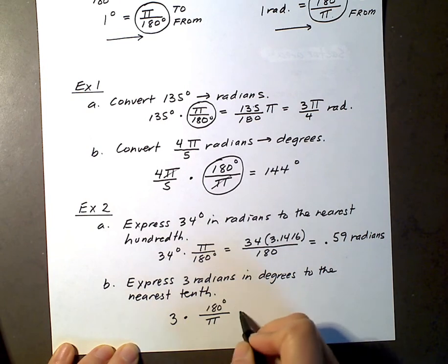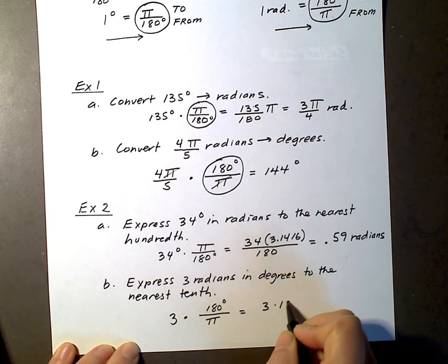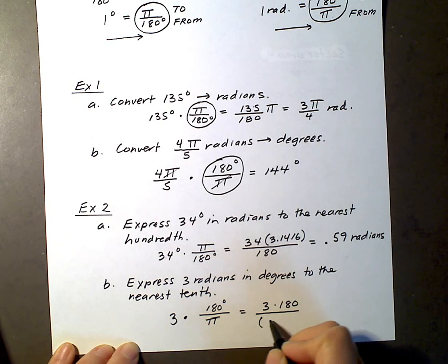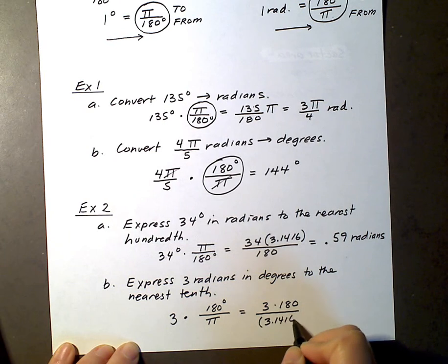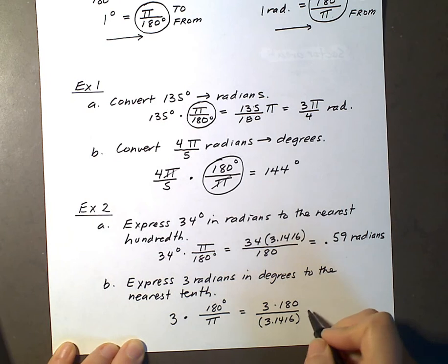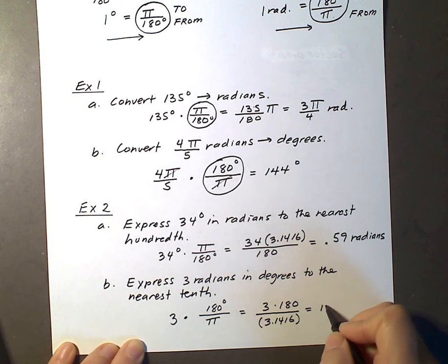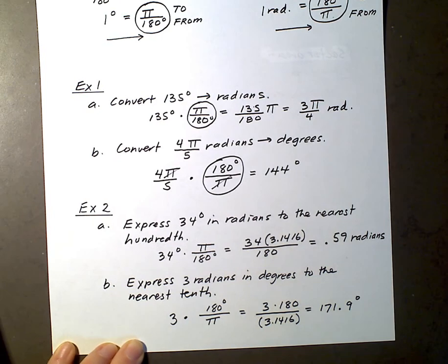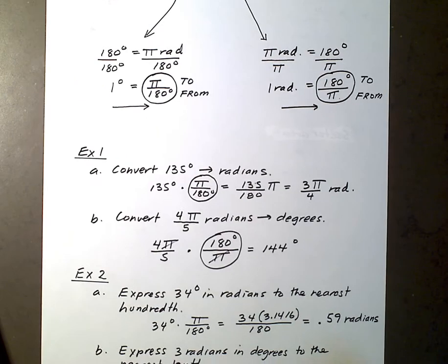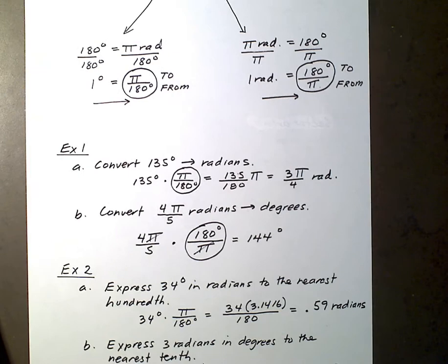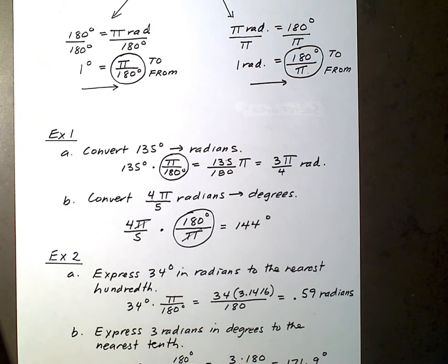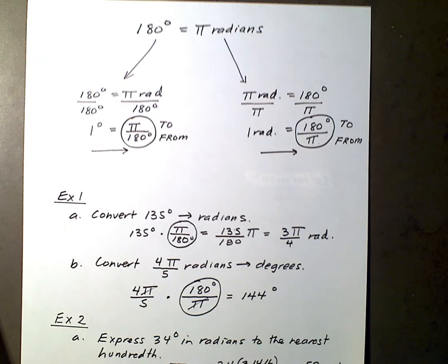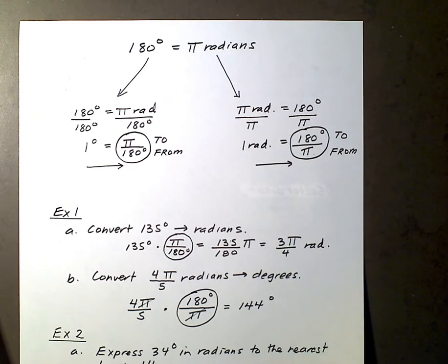And then I'll put the 3 times 180 in the numerator, and for pi in the denominator, I'll substitute this decimal approximation, and when you punch that in, you should get 171 and 9/10 degrees. Okay, so that's converting radians to degrees, and there are some standard radian and degree equivalencies, which we'll talk about in class, that are easy to derive just from understanding fractions.